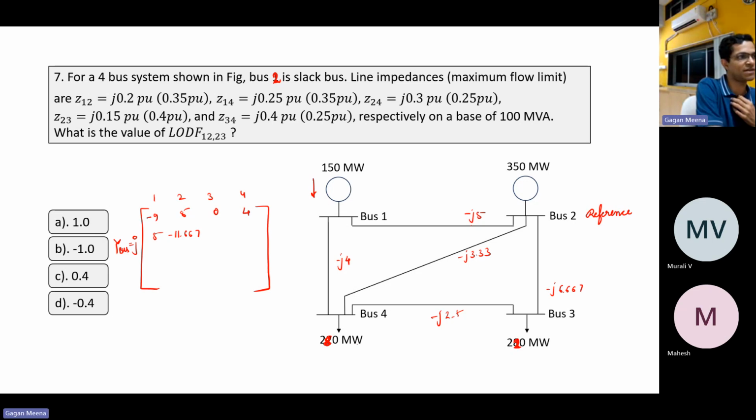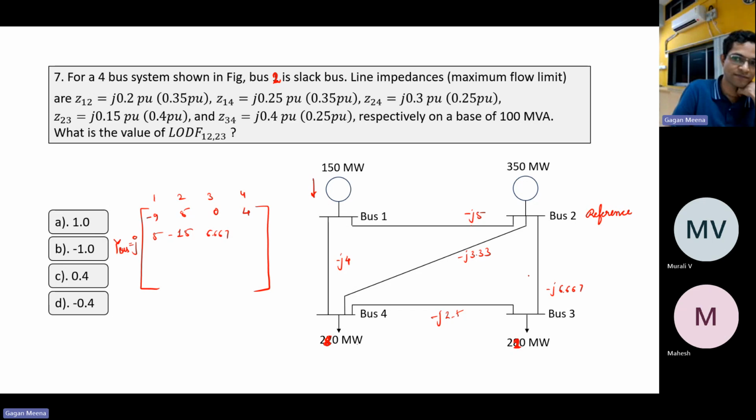I missed one element that it will be for 15 only. It will be minus 15. Then how much will this be? 2 3 is 6.667, 20 by 3.